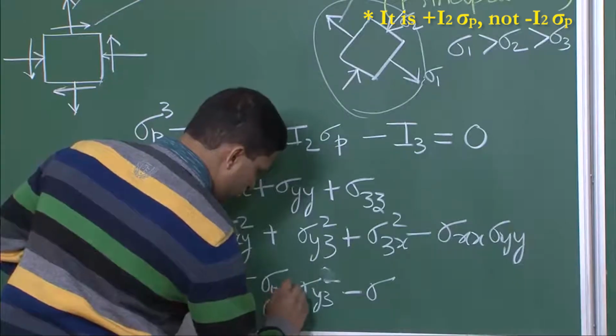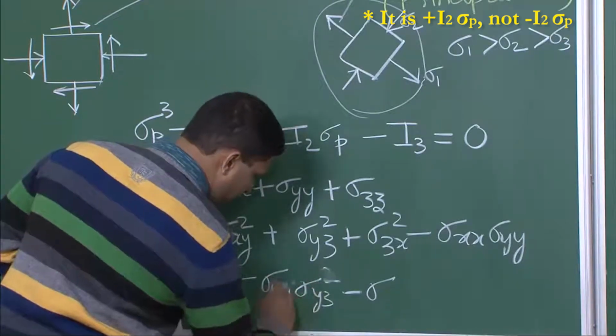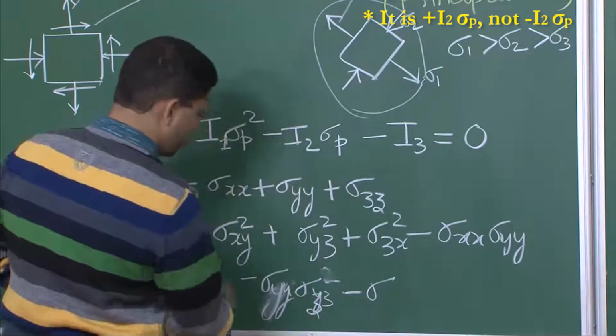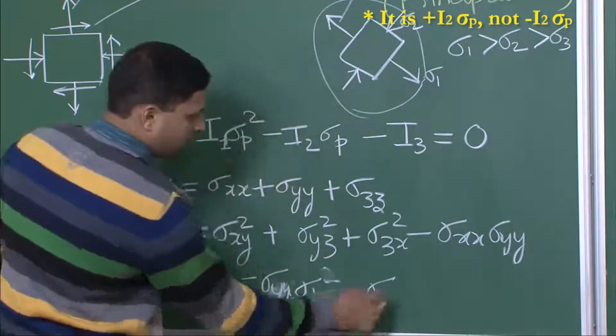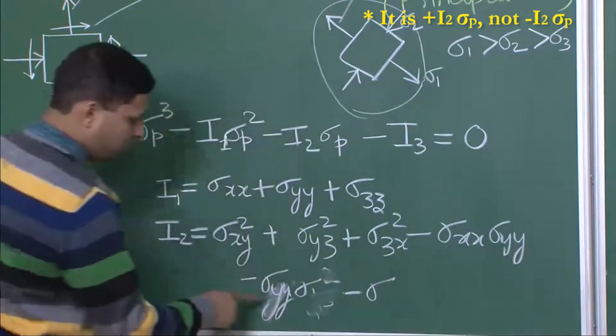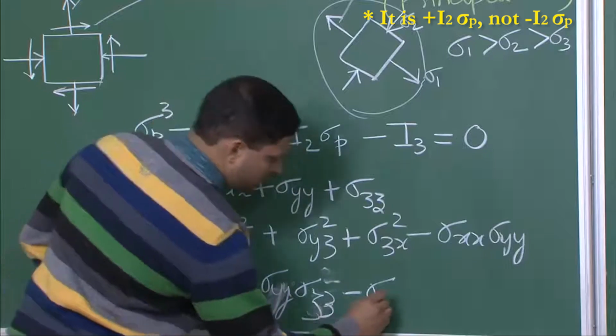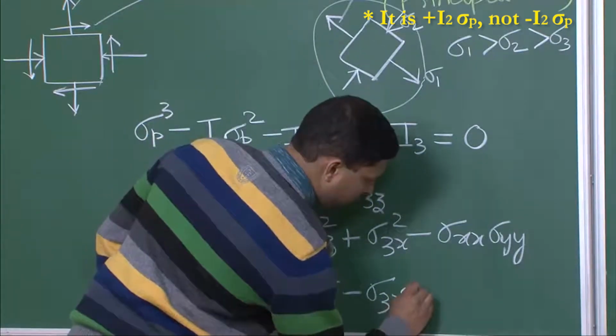Sorry, please make that correction. So, in I2 we have minus sigma xx sigma yy, minus sigma yy sigma zz and minus sigma zz sigma xx.